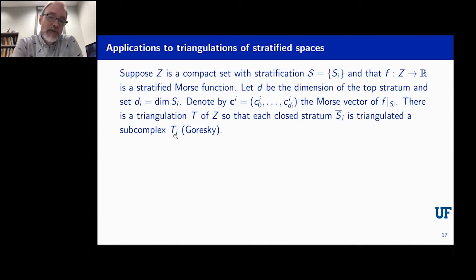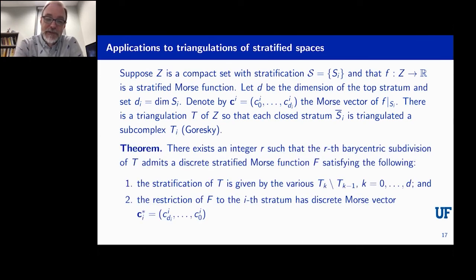Now, Goresky proved that you can triangulate Z so that each closed stratum is a subcomplex. So I close up Si, it's a subcomplex that I'll call Ti. So here's the theorem. This is built on top of a theorem of Bruno Benedetti. You can subdivide this triangulation R times, and R might be large. You might have to do this a lot. But once you do it, you can put a discrete stratified Morse function, capital F, satisfying the following.